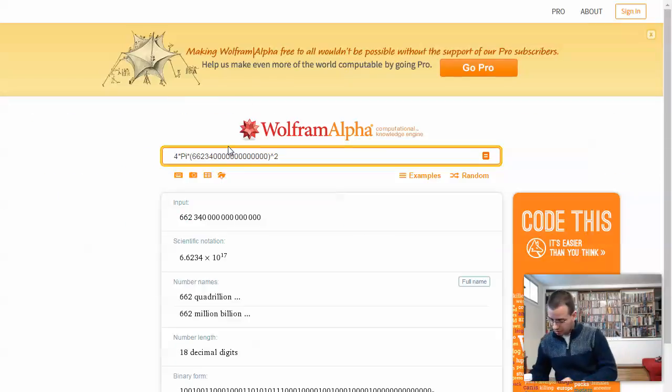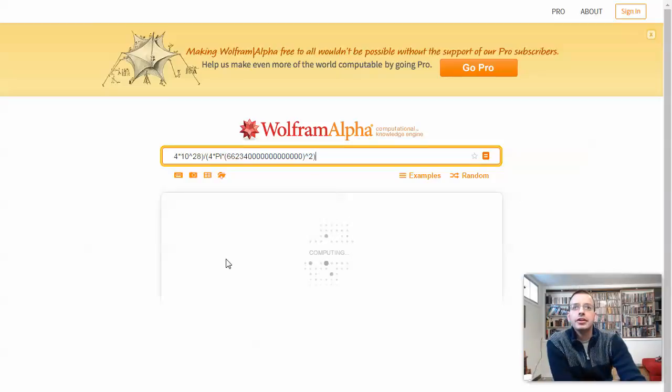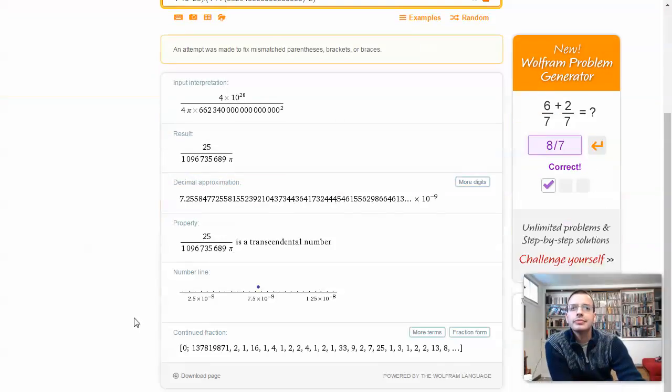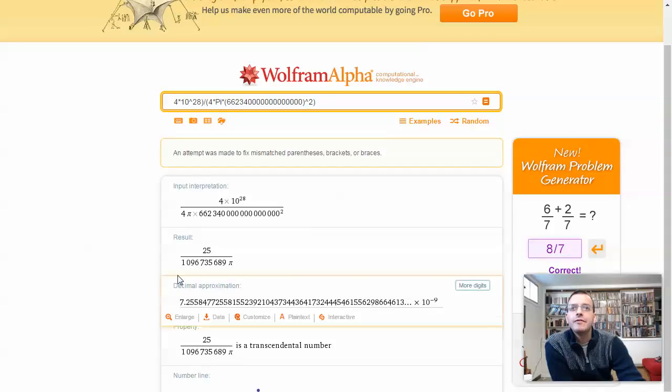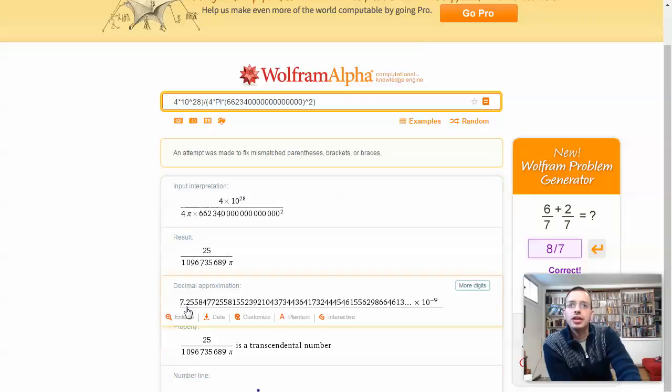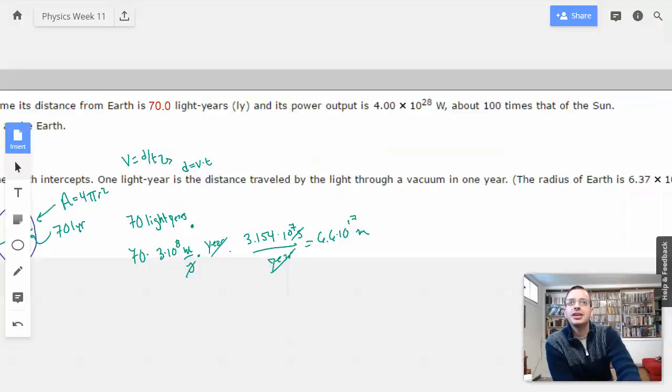Good thing that's a big number. All right, probably get something small. Yep, very, very small. So I have 4 times 10 to the 28th over 4 pi times this giant thing squared, and we get 7.23 times 10 to the negative 9th.